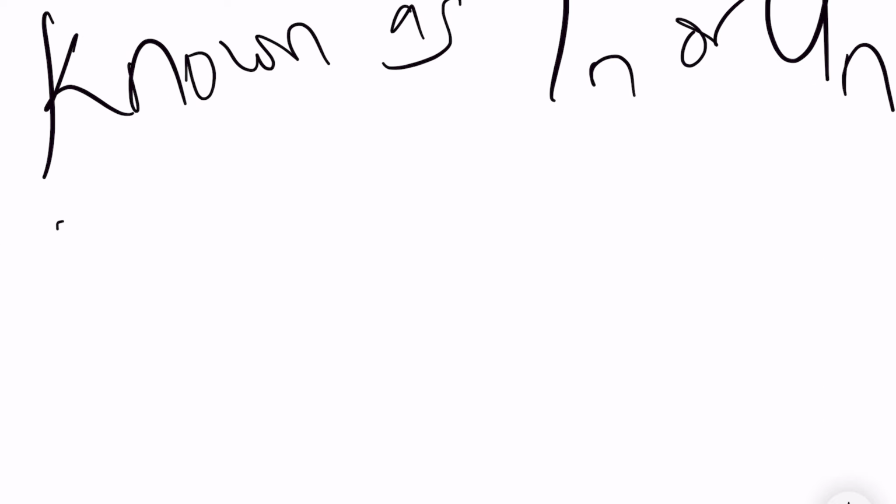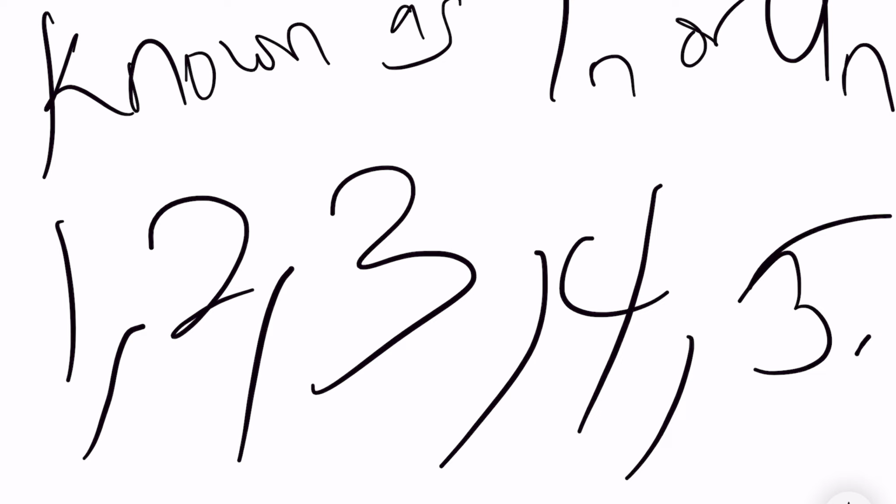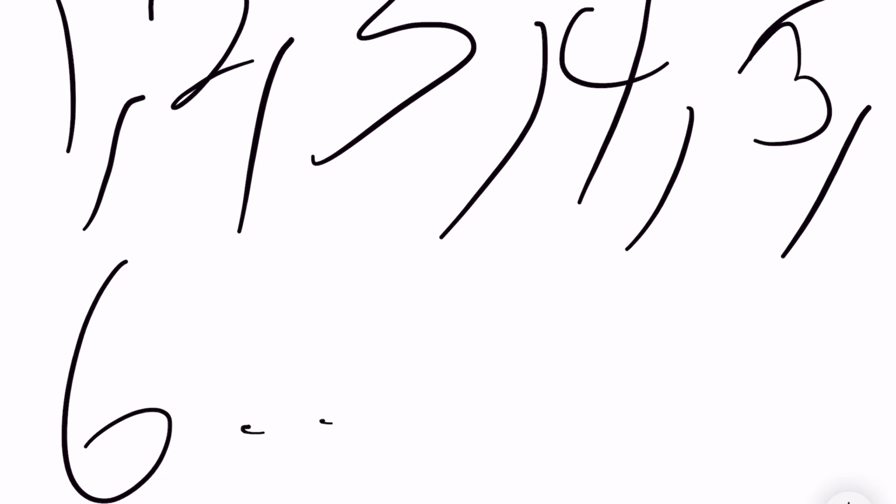So we can have 1, 2, 3, 4, 5, 6, up to n. Since you don't know where the numbers stop, it is represented as n.